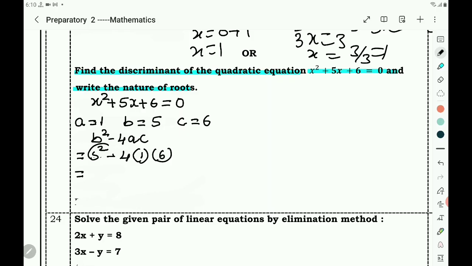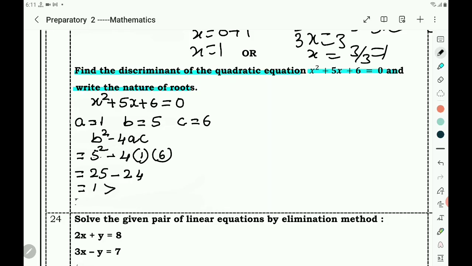Equals 5 square, which is 5 into 5, which is 25, minus 4 into 1 into 6. 4 ones are 4, 4 sixes are 24. Then 25 minus 24 is 1.